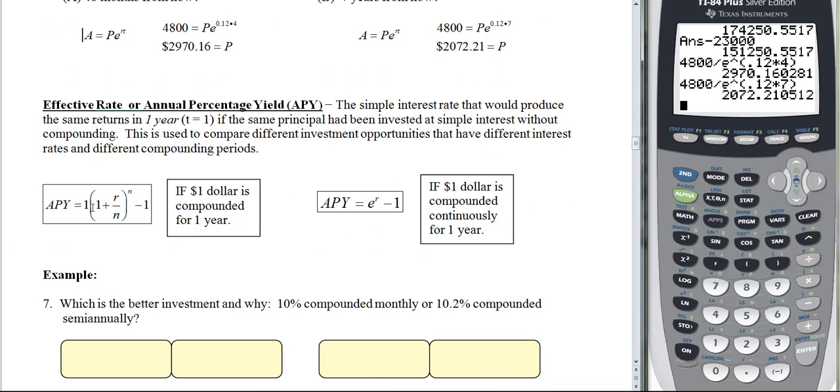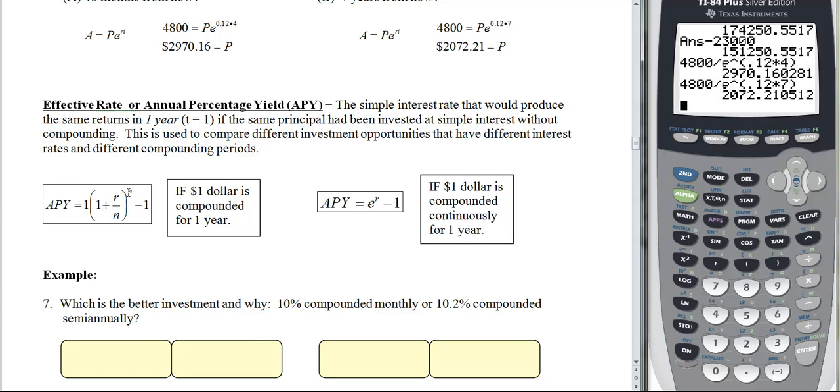Now, the first one I have is just for compound interest, and you only look at $1. Just look at $1, because what happens to $1 would be the same effect as if I had $10, $100, or $1,000, because I'm going to be subtracting out that original investment to find the APY. So my interest rate, my n, and here's my compounding period.